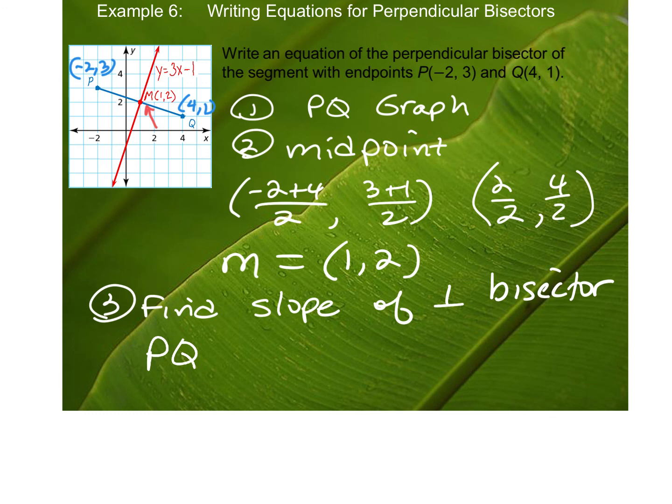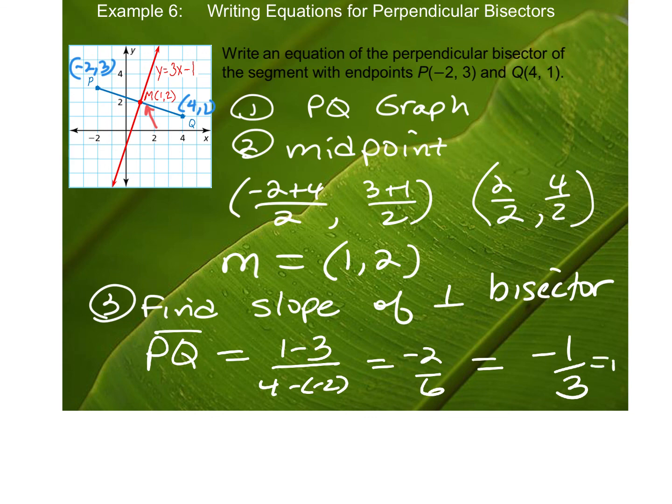So I'm going to do the slope formula using points P and Q. Remember, slope formula is y2 minus y1 divided by x2 minus x1. So let me go ahead and calculate the slope here. 1 minus 3, over 4 minus -2, is -2 over 6. And the slope of PQ is going to be -1/3.